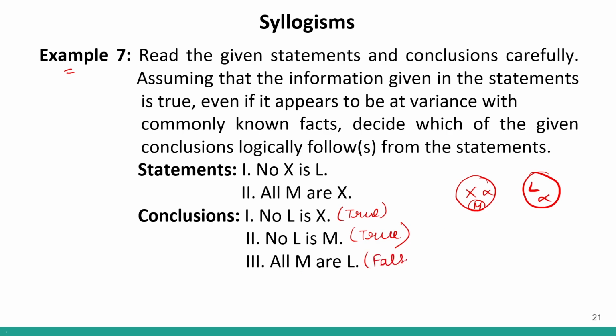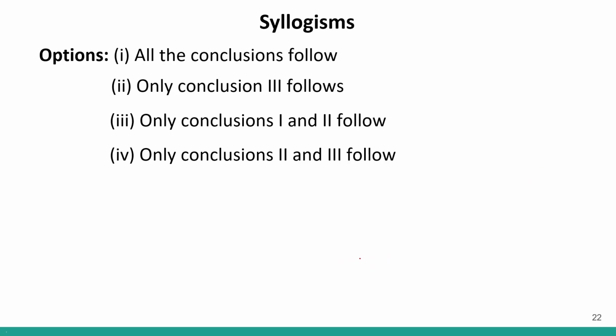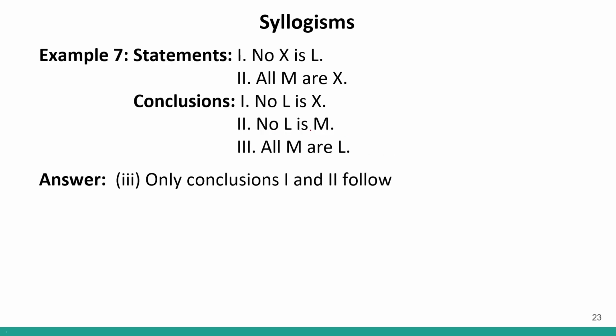So conclusions 1 and 2 follow, but the third one does not follow. If I look at the options, option number 3 says only conclusions 1 and 2 follow, 3 will not follow. Therefore, this will be my answer.